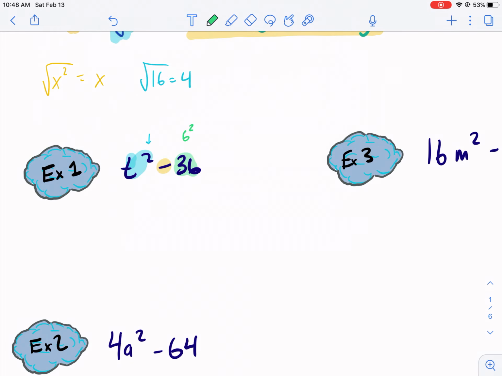So we are ready to put these into our difference of squares factoring. We take the square root of t squared, and that's t. That t will go here and here. Let me highlight that to make it a little more obvious. Here and here, we put the t.